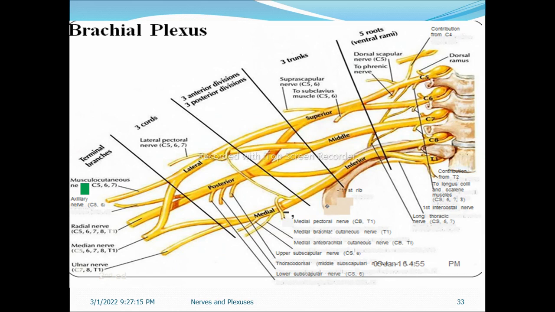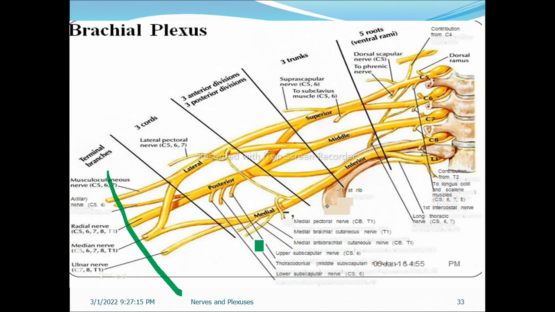This is roots, and from this cord, this is the lateral pectoral nerve. There are other nerves which arise from the plexus. These are terminal branches. Other nerves arise from the cords and trunk divisions, from this area.